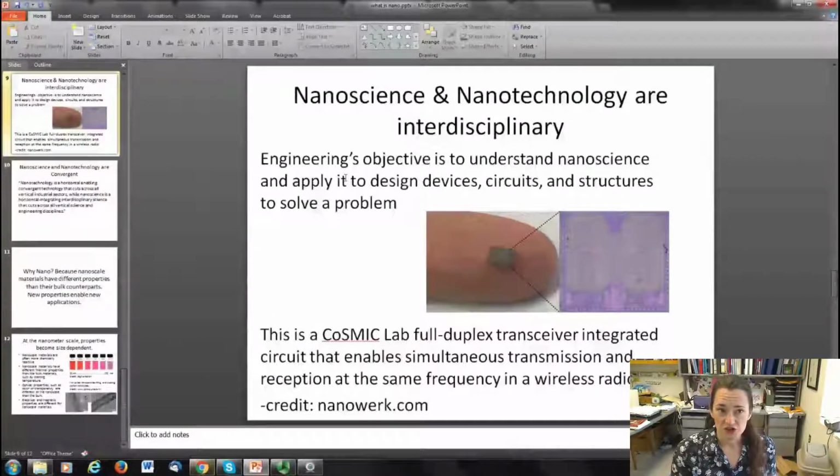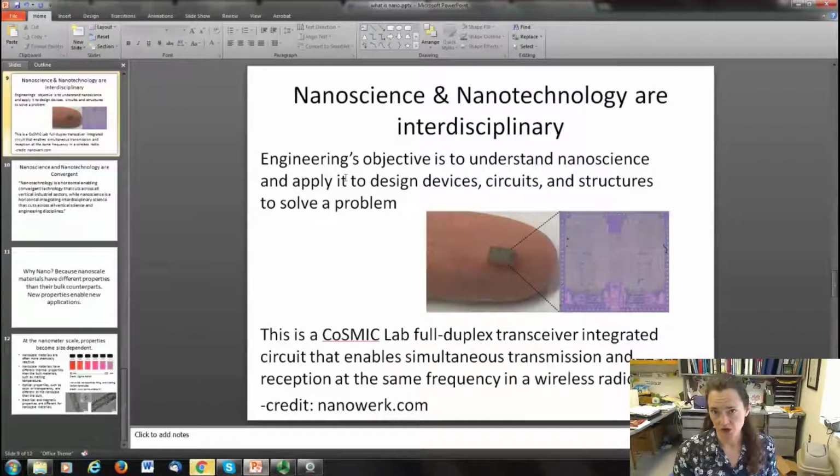The engineers are also very involved, and these could be chemical engineers, mechanical engineers, or materials science engineers. Their main objective is to understand the nanoscience and then apply it to the design of devices, circuits, and structures to solve specific problems.